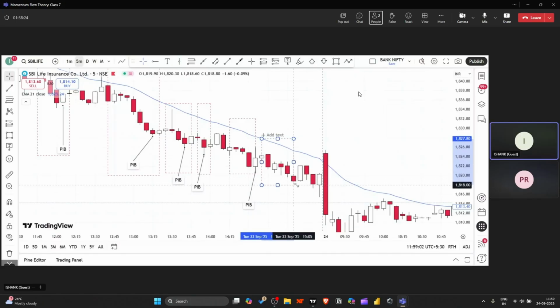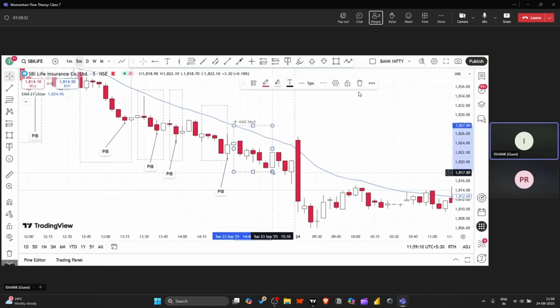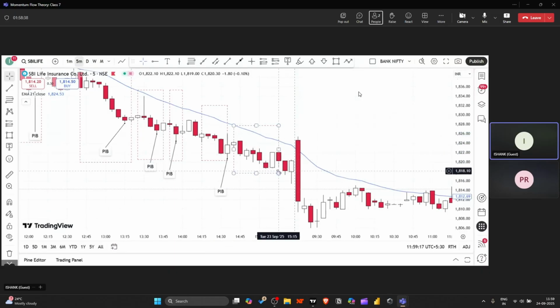Correct. That did not go beyond the low within three bars.